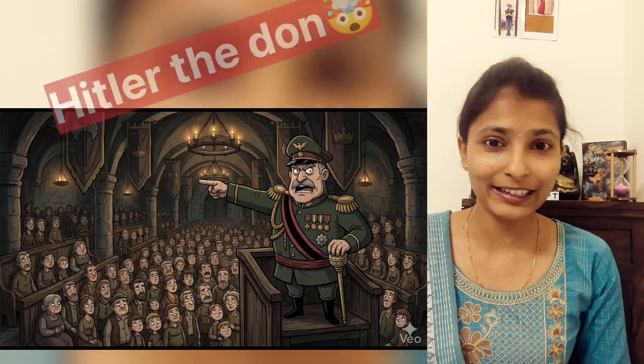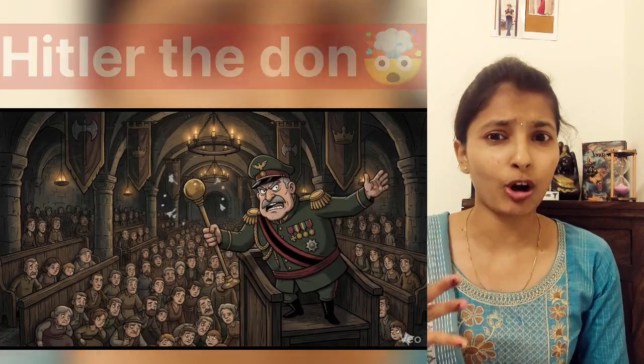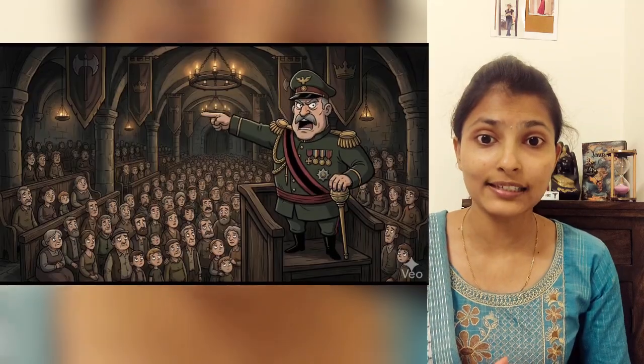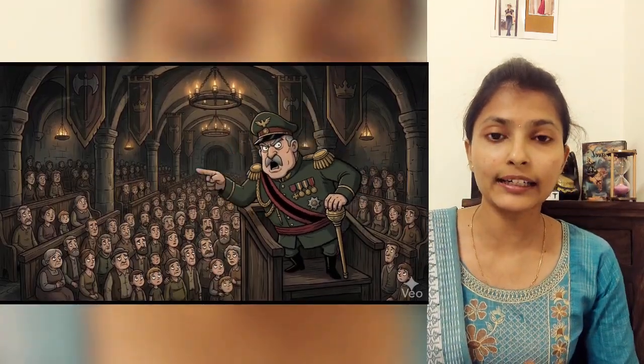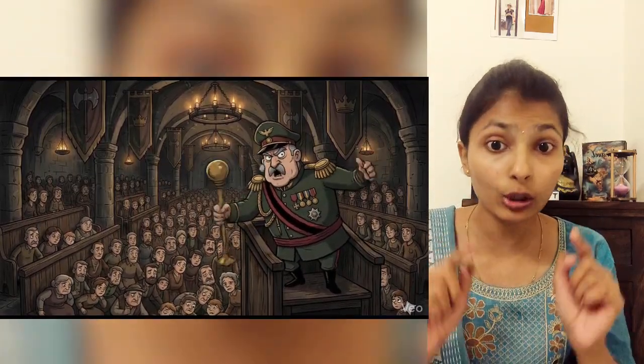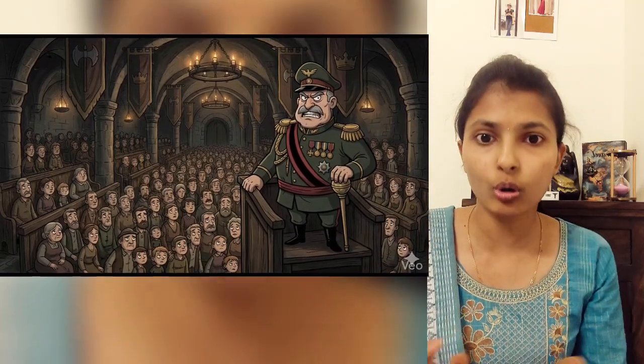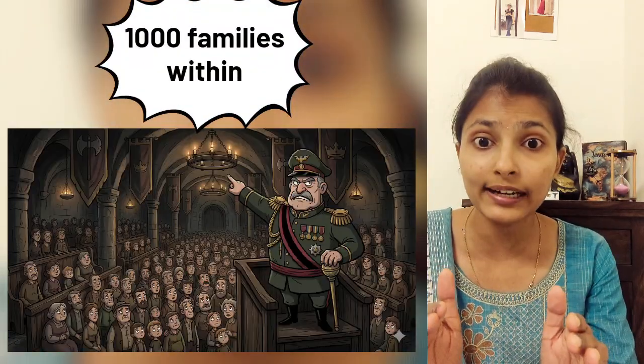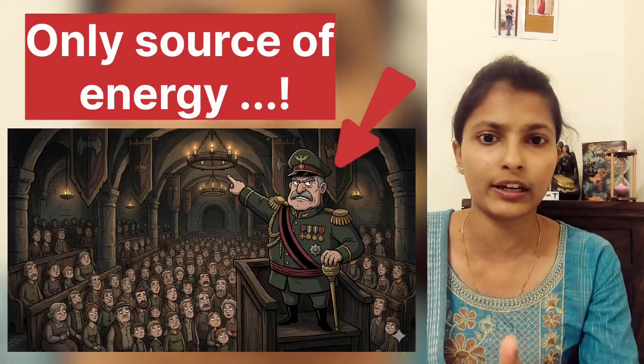Now we will consider one example, which is a little historic. You all know about Hitler, right? He's a big Don-like leader. Now consider that he has taken 1,000 families and kept them in one closed chamber. All the doors are shut, all those 1,000 families are inside, and he's the only source of energy for them. Now he starts to stimulate those people to get angry by continuously hitting them.